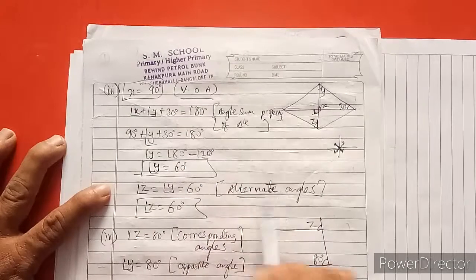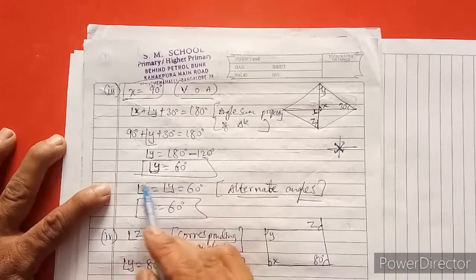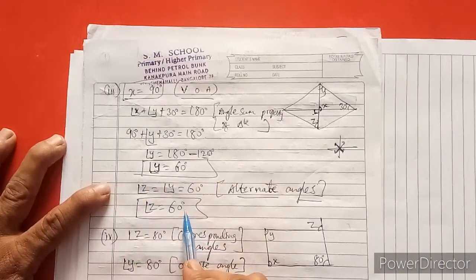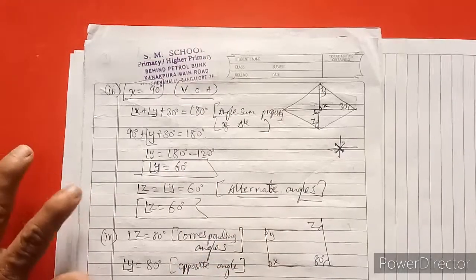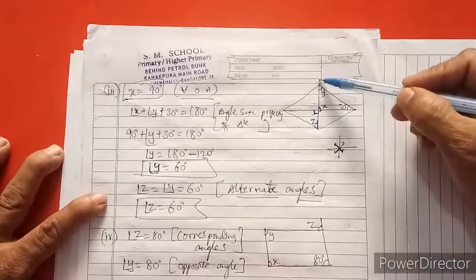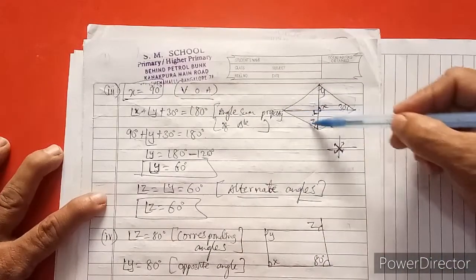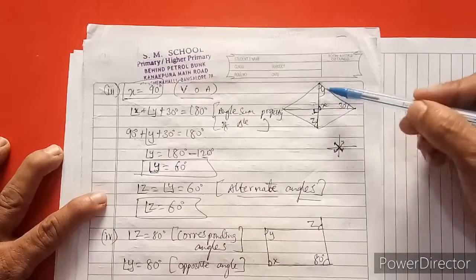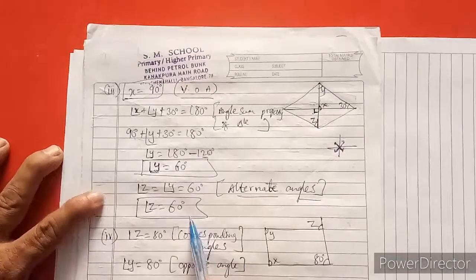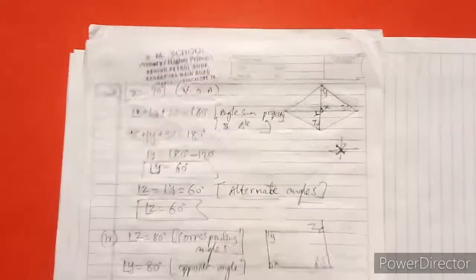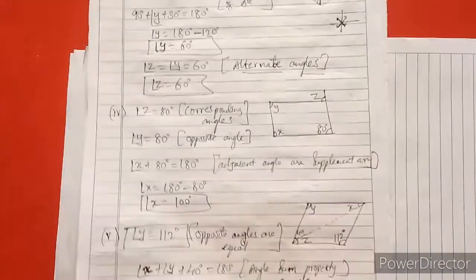Both are 60 because they are alternate angles. Angle z will also become 60 degrees. Did you understand? Okay, so here you see this and this angle. This angle z form we are getting, z form. This angle is equal to angle y, that is 60 degrees.